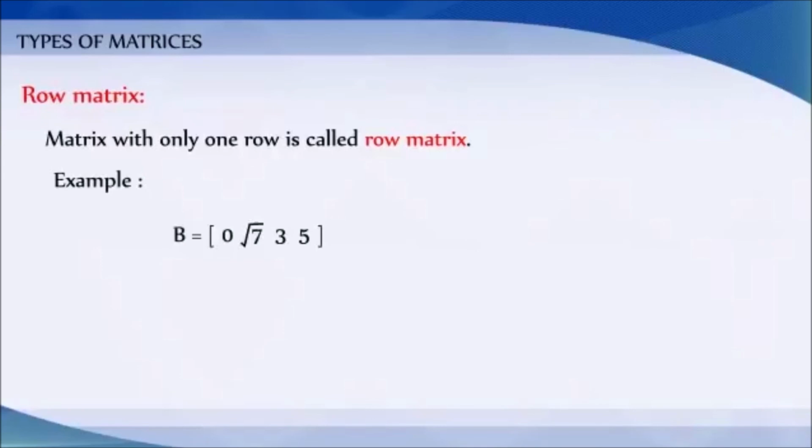Row matrix. A matrix with a single row is called a row matrix. For example, matrix B equal to 0, root 7, 3, 5 is a row matrix of order 1 by 4. In general, we write matrix B equal to Bij of order 1 by n.